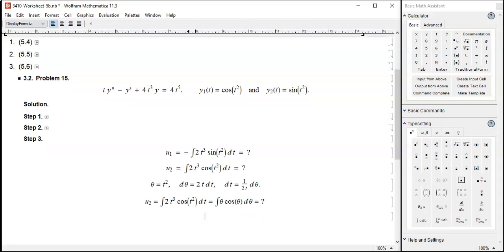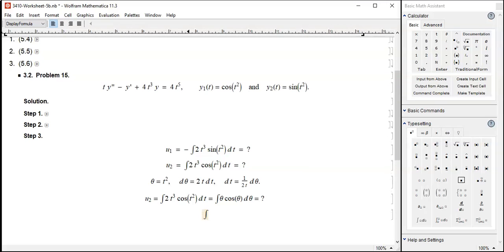So this one is basically the integral of u dv is equal to uv minus the integral of v du.